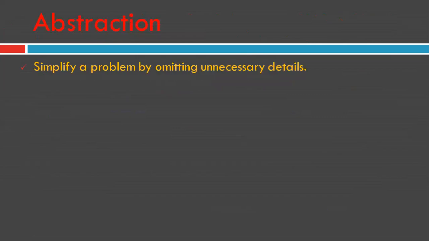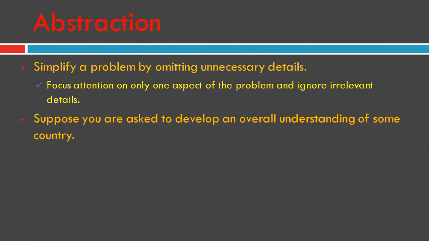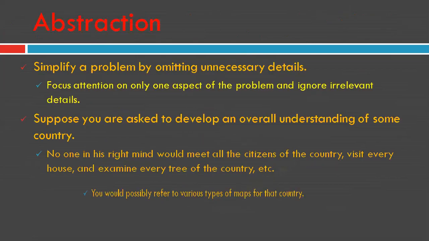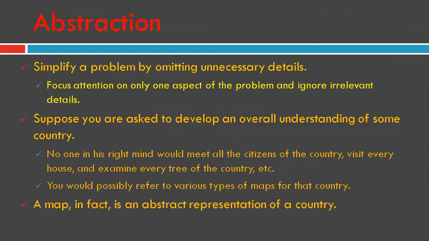The principle of abstraction implies that the problem can be simplified by omitting the irrelevant details. In other words, the main purpose of abstraction is to consider only those aspects of the problem that are relevant for the given purpose.